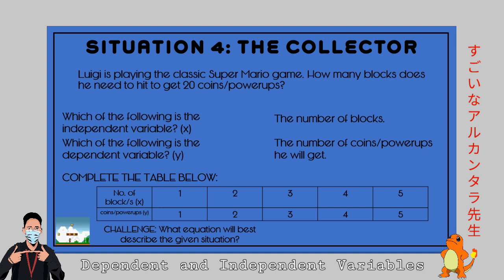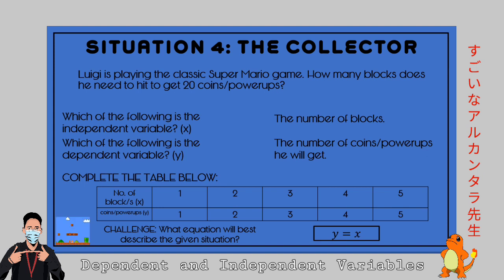But this one, unlike other equations, is much more common sense. Since 1 is to 1 here, we can say that the equation is as simple as y is equal to x. Because for every block, you can get a possibility of either 1 coin or 1 power-up.